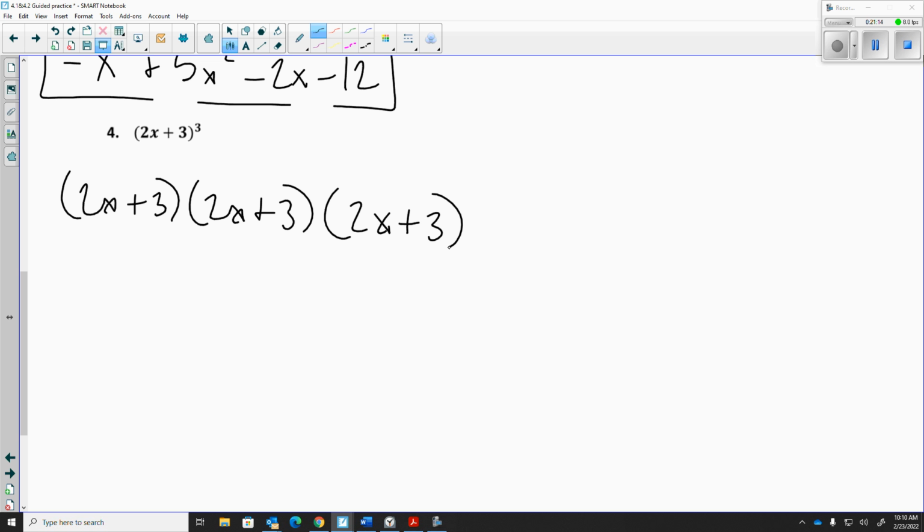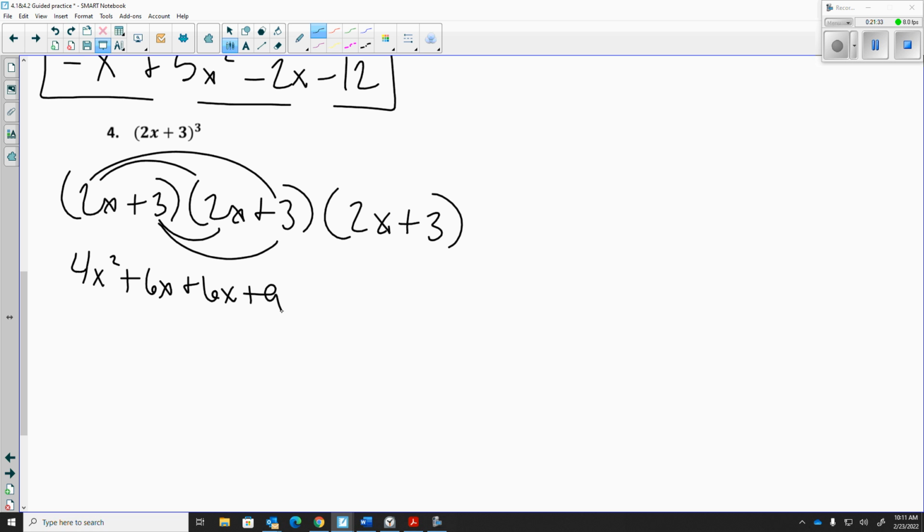I'll show you. First, just look at the first two. Double distribute them like normal. 2x times 2x, that's 4x squared. 2x times 3 is 6x. Again, we're double distributing, so that's another 6x, and then 9. I can combine those, right? So that's 4x squared plus 12x plus 9.